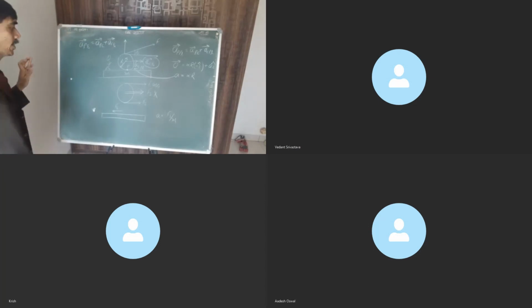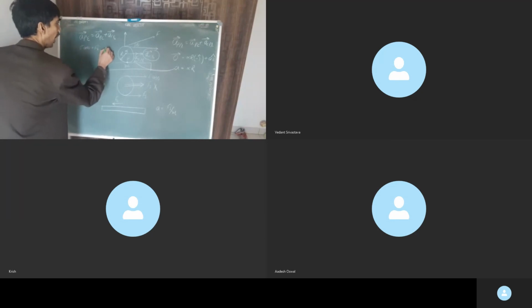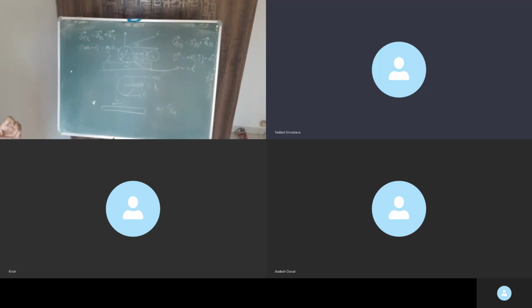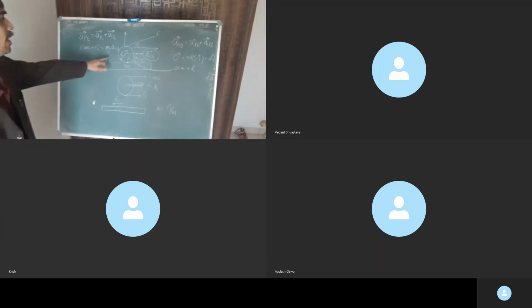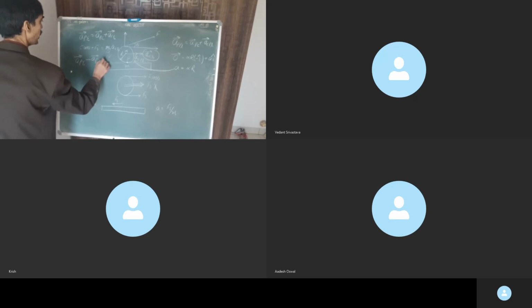So I am writing an equation which reads F cos theta plus Fs is equal to mass m into acceleration of center with respect to Earth. This is what I write, as I am doing it from Earth. But acceleration of center with respect to Earth comes with acceleration of P with respect to Earth minus acceleration of P with respect to center. This is what is acceleration of center with respect to Earth.